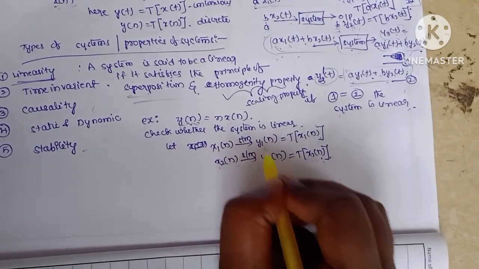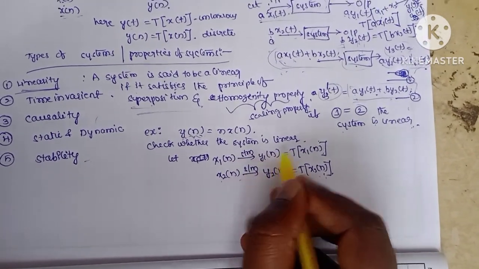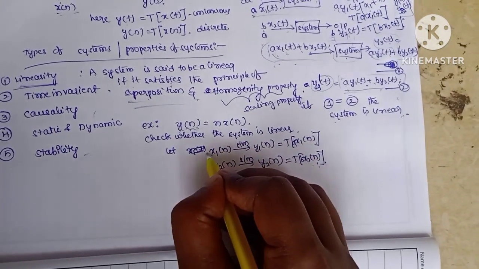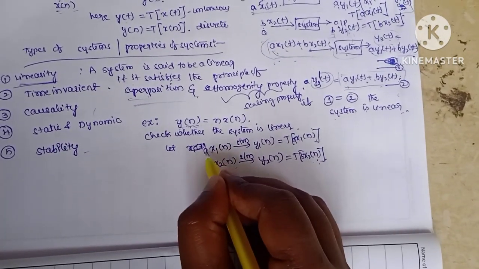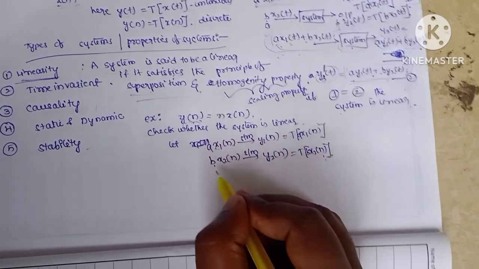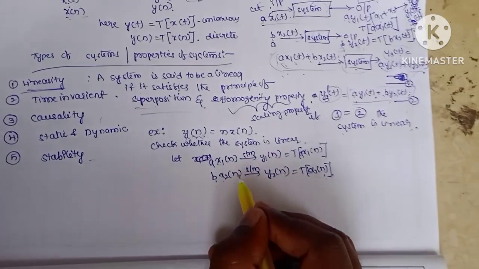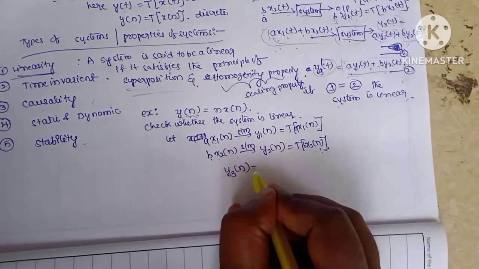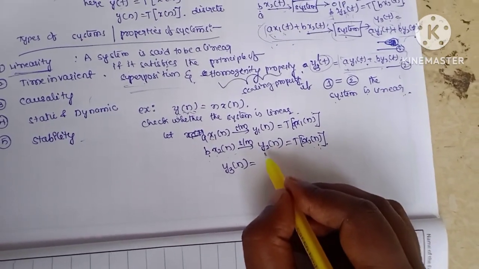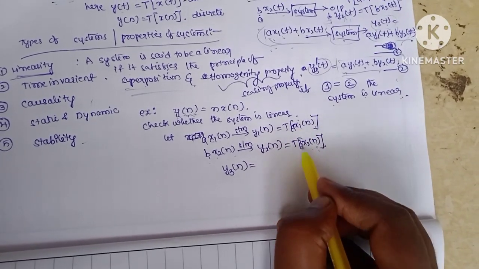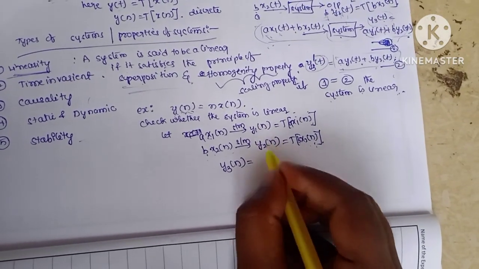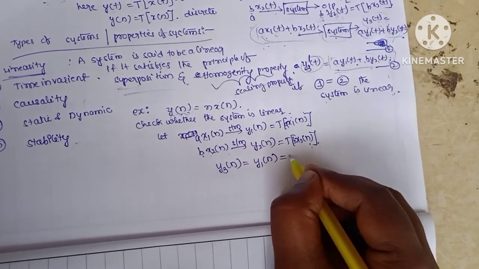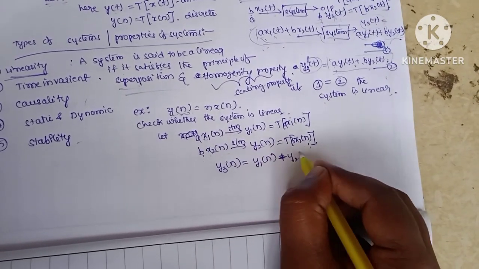These are the individual responses of x1 of n and x2 of n. We apply the scaling factors a and b also here. If we give inputs a for x1 of n and b for x2 of n, we take y3 of n, which is the sum of these two responses, y1 of n plus y2 of n.